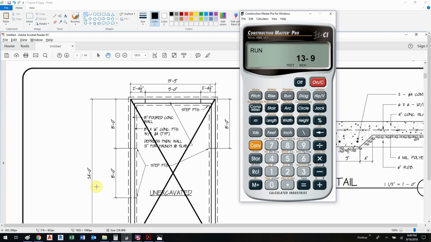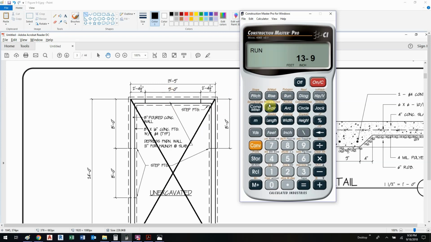And then I have 24 feet, and I'm going to call that the rise. Okay, so I have a rise of 24, which is here. I have a run of 13.9, which is here.